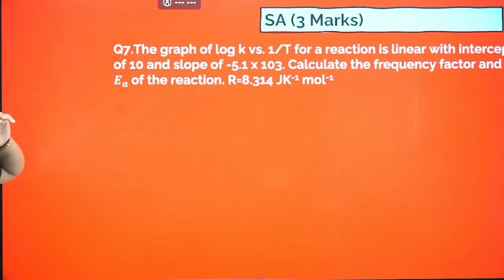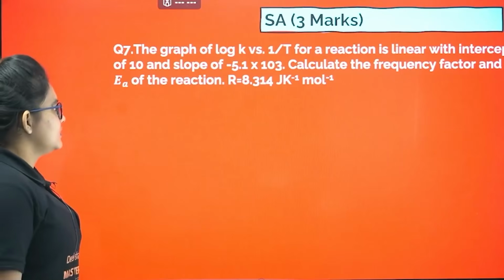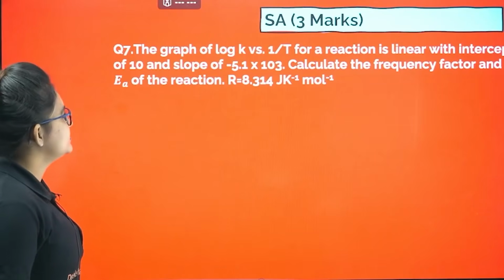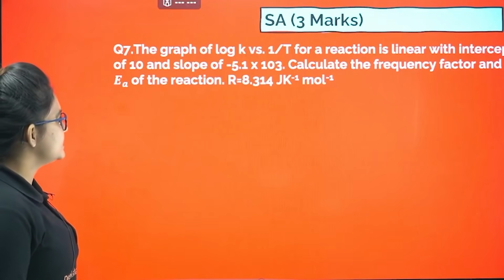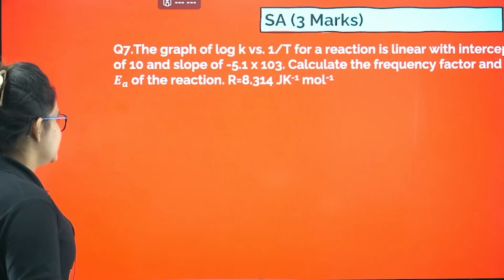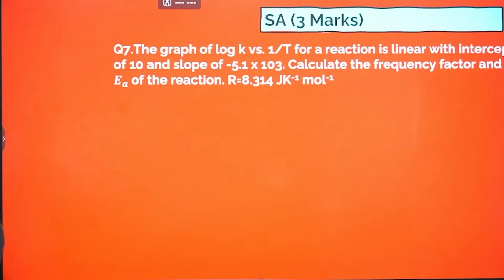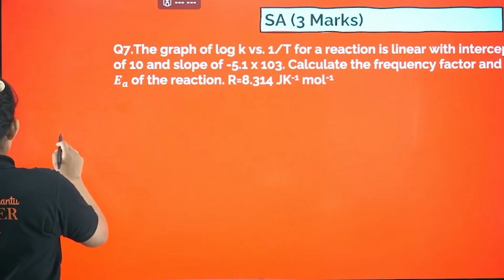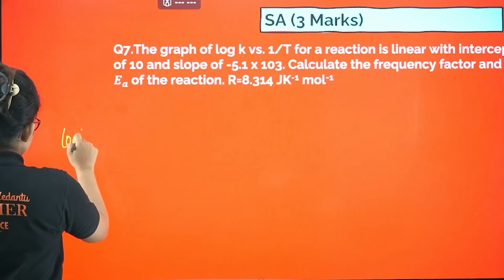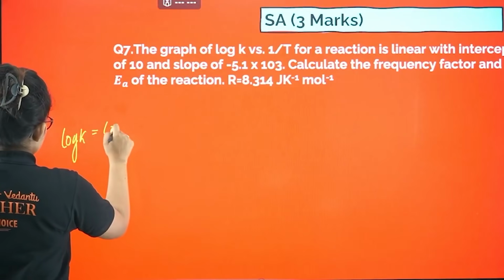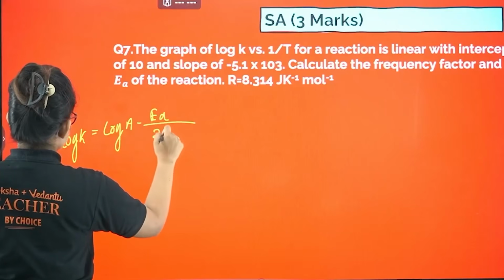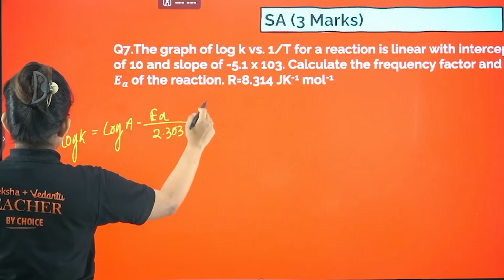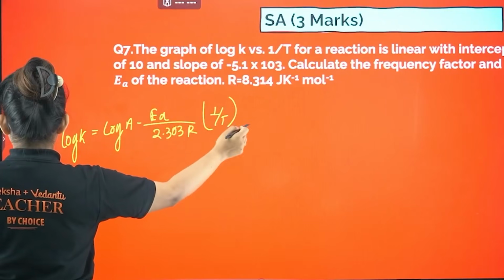Yes. Okay, the graph of log K versus 1 by T for a reaction is linear with intercept 10 and slope given. Calculate the frequency factor and the EA. So it is basically an Arrhenius graph. If I just write down the equation, log K equals log A minus EA by 2.303 R into 1 by T, right?